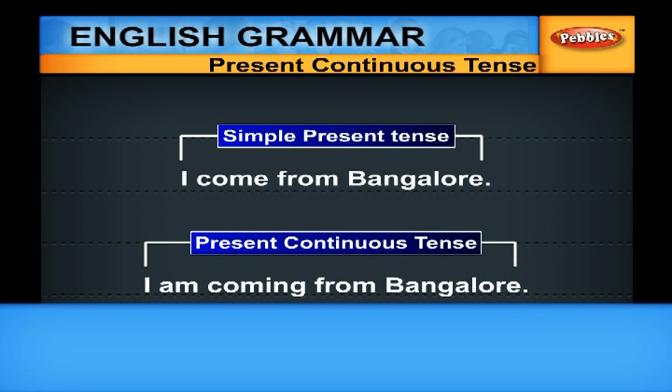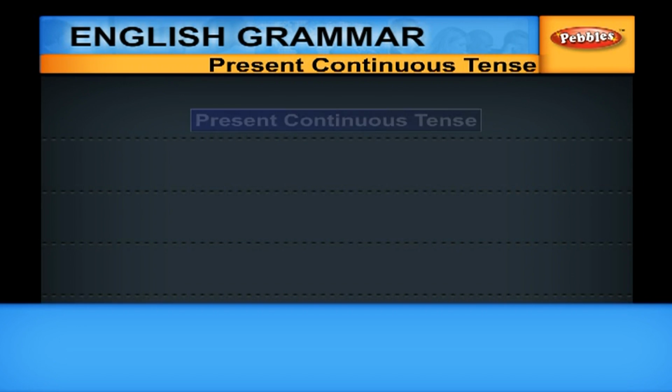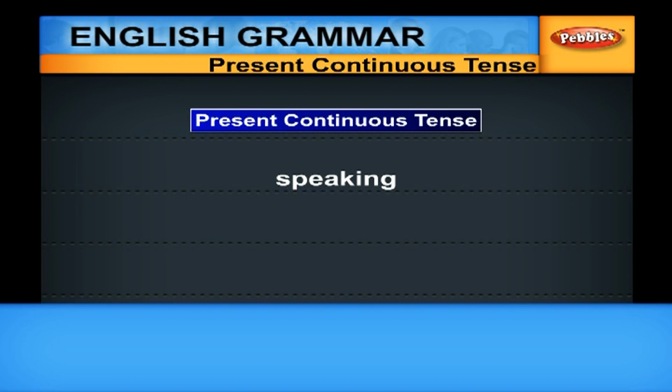So, when the action is progressing, you have to use continuous form. How do you form the continuous? By adding ing to the verb, making it into present participle, and then you have to give a corresponding be form of the verb: am, is, are.